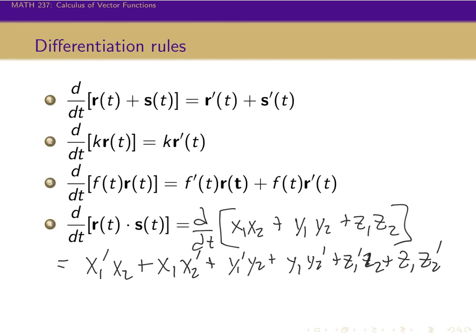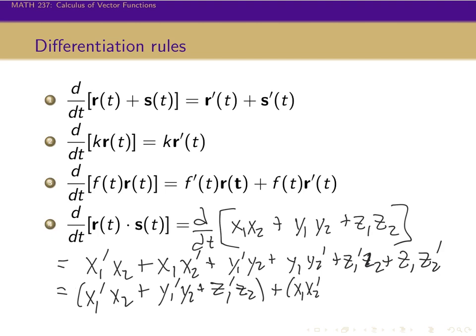And then we can rearrange these like so: x1 prime x2 plus y1 prime y2 plus z1 prime z2 plus x1 x2 prime plus y1 y2 prime plus z1 z2 prime.